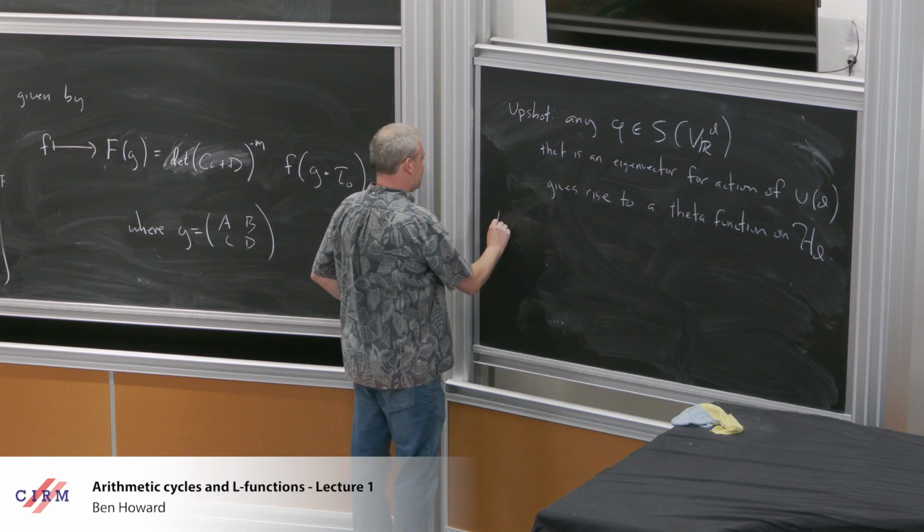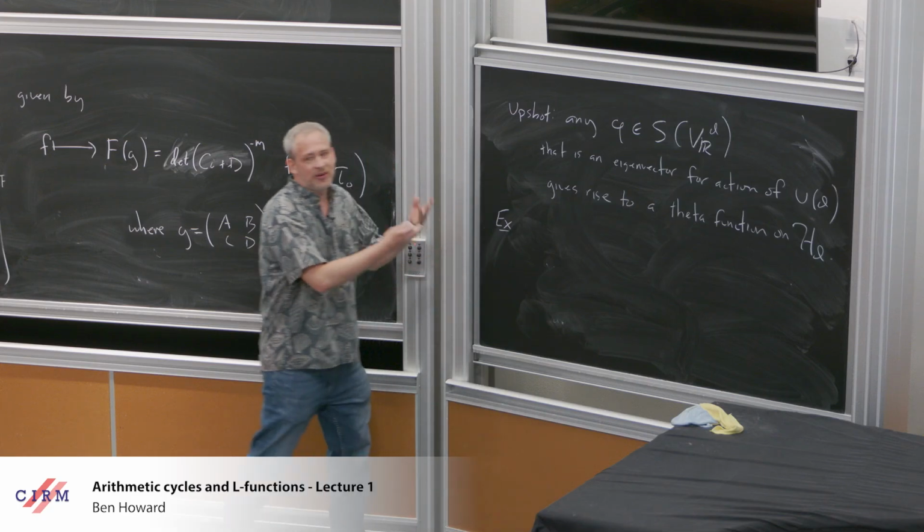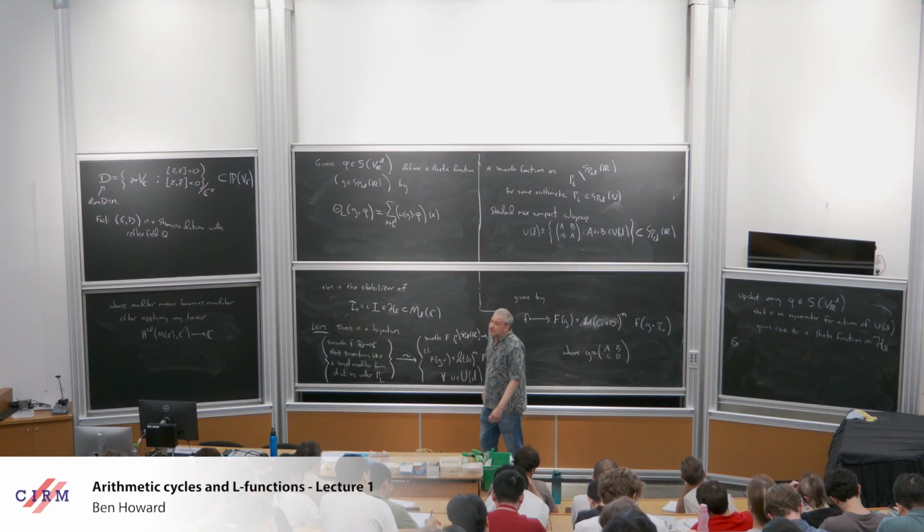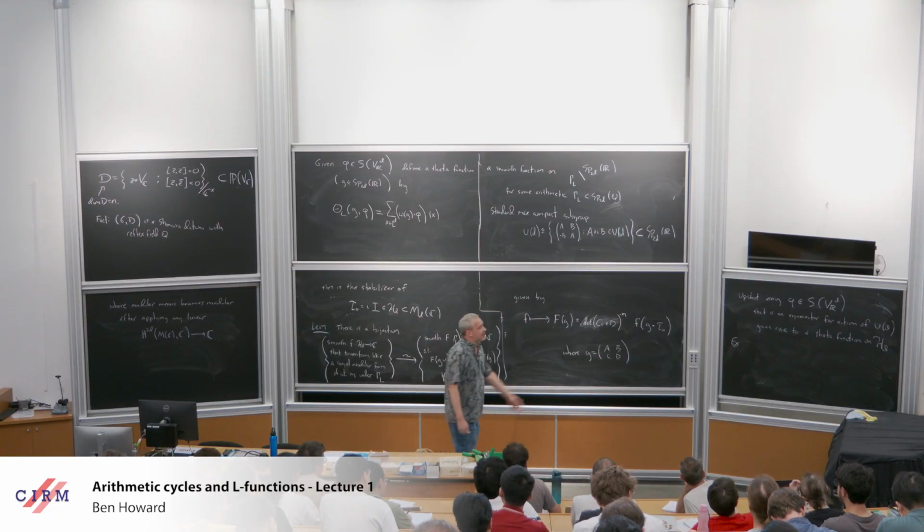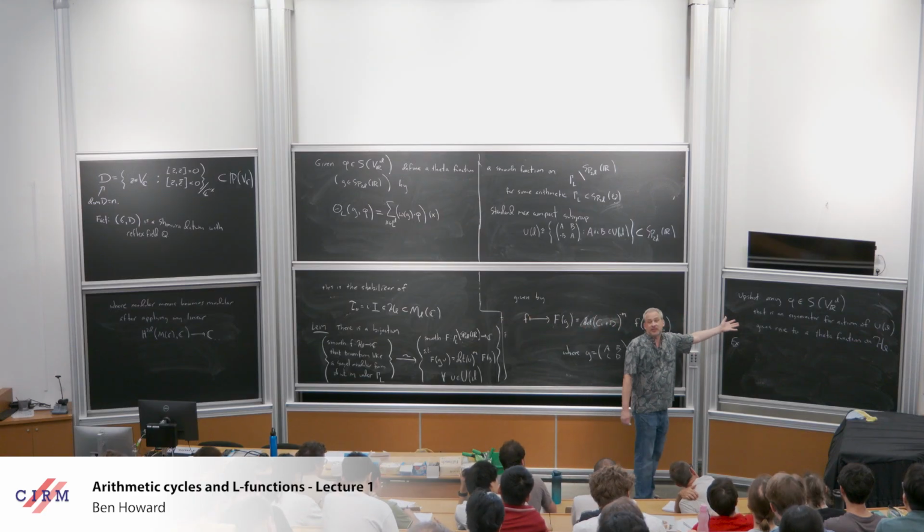So for example, where is the theta function of Siegel that I wrote down at the very beginning? I just have to give you a nice choice of Schwartz function.